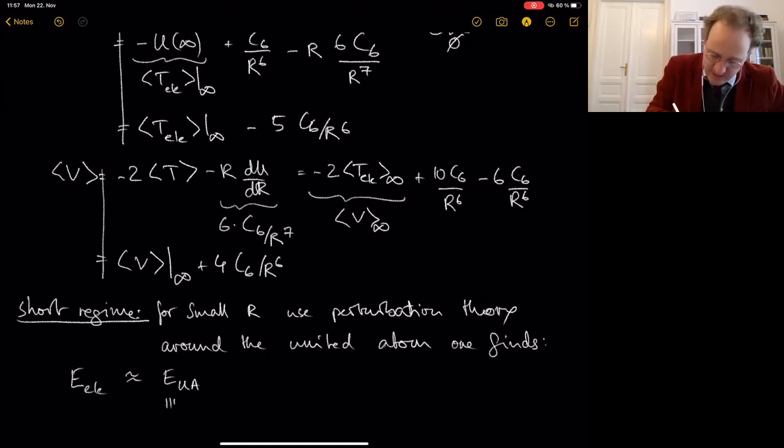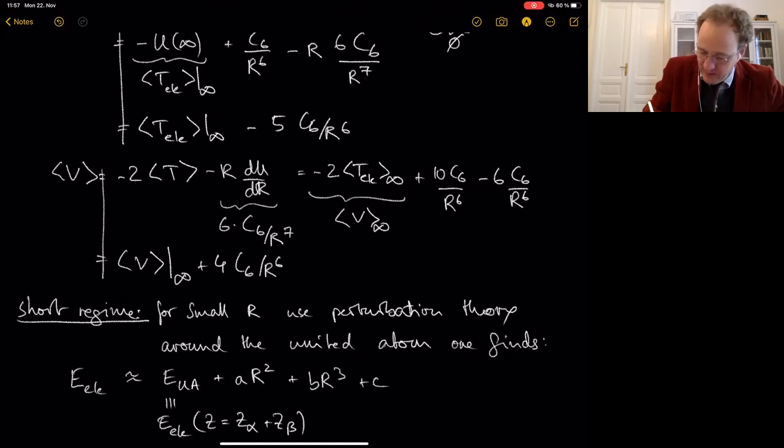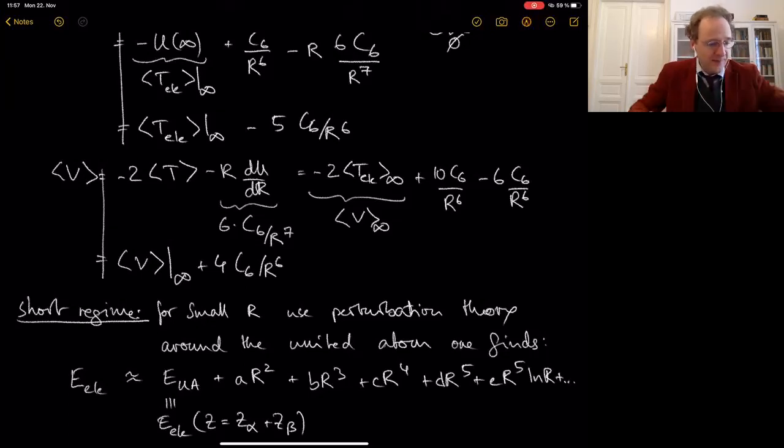So this is identical with E of an atom where the nuclear charge is the sum of nuclear charge alpha and beta, plus a quadratic term, plus a cubic term, plus a quartic term. So this is roughly how it looks like.